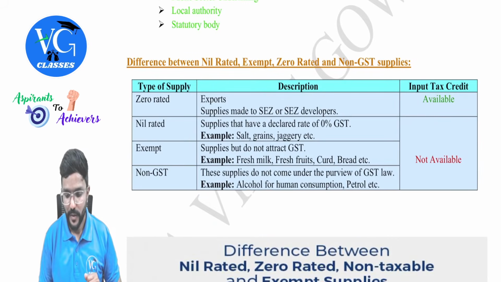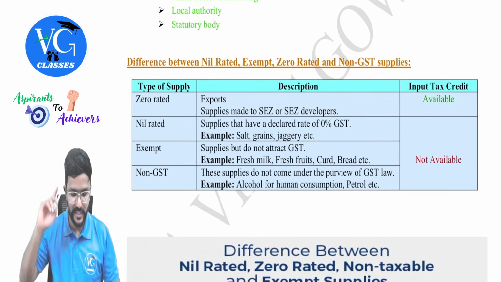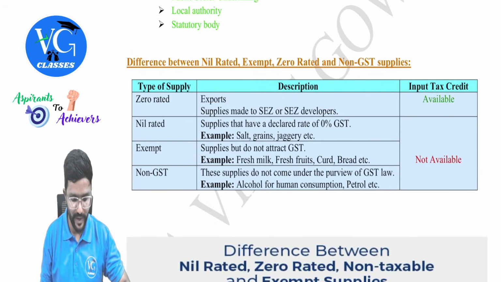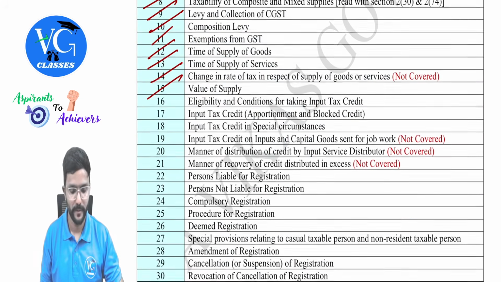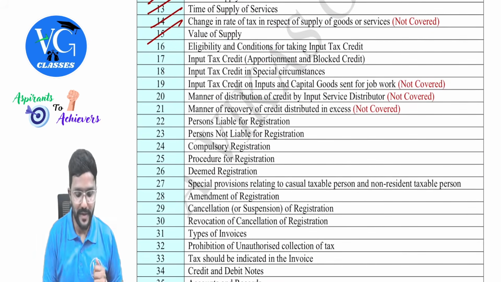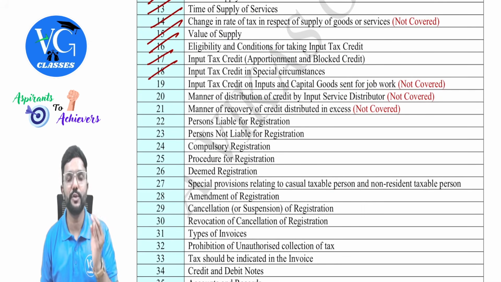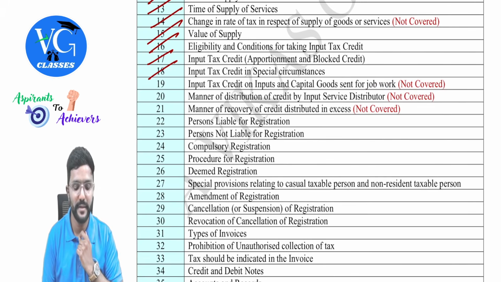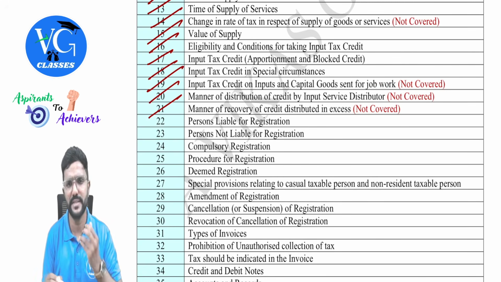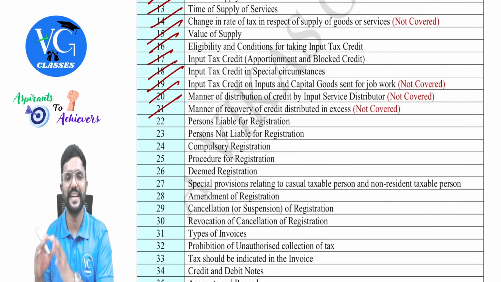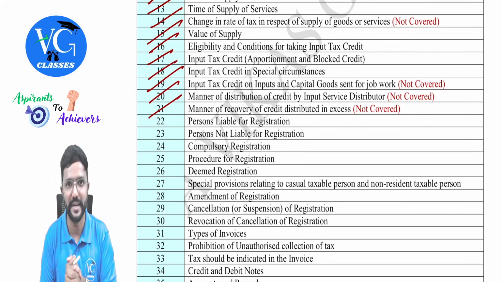So come to the section list, which is at the beginning of the revision book. We'll just mark whatever we have covered in this chapter. CGST Act. So we have covered sections 16, 17, 18. Even 19, 20, 21 talk about input tax credit, but they are not a part of your syllabus. I'm just marking them, but I've given in the bracket that they are not covered at intermediate level, guys.